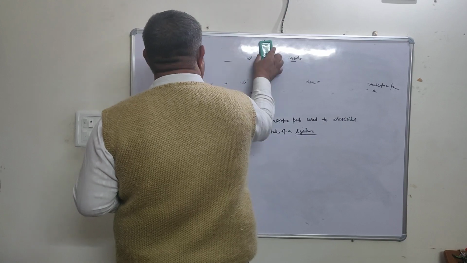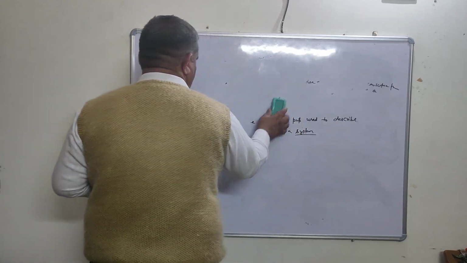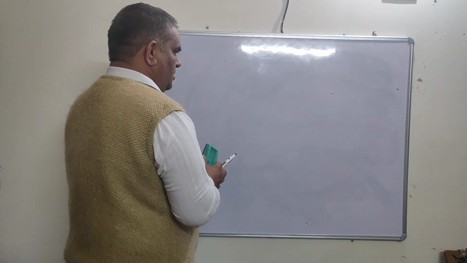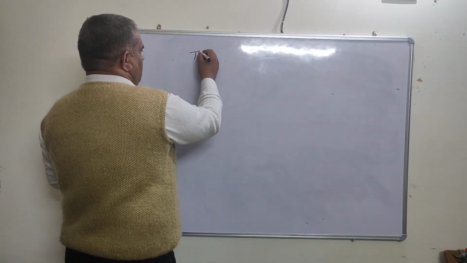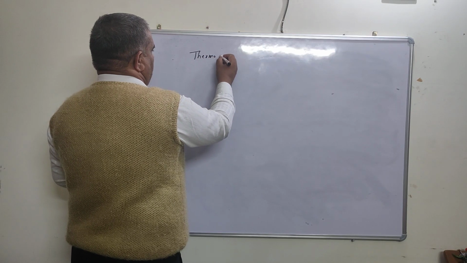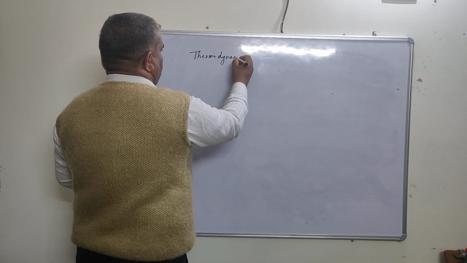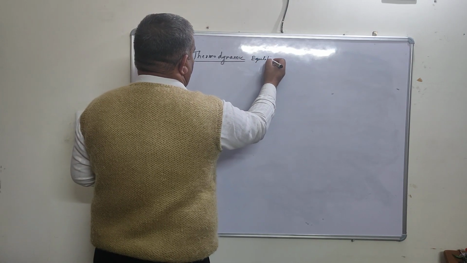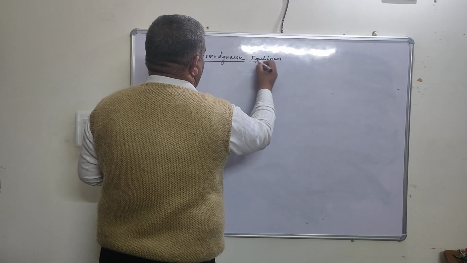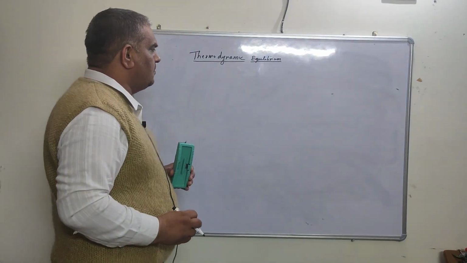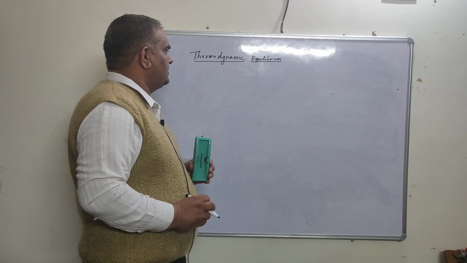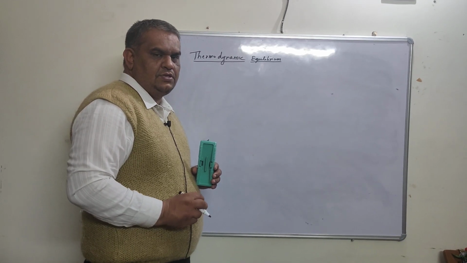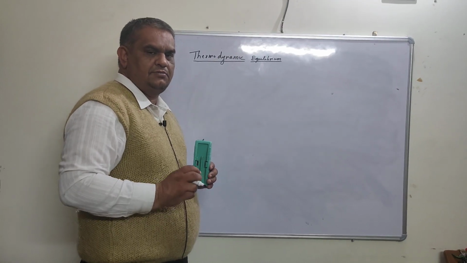Next is thermodynamic equilibrium. A system in the state of thermodynamic equilibrium is one in which the macroscopic properties do not change with time.